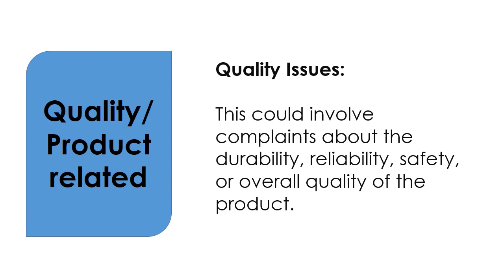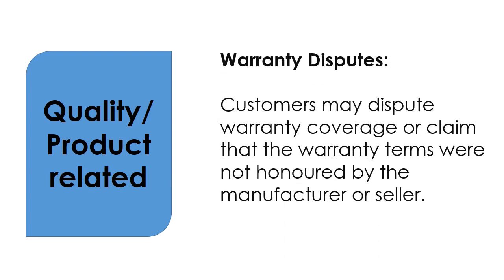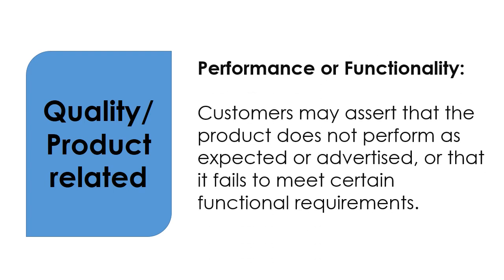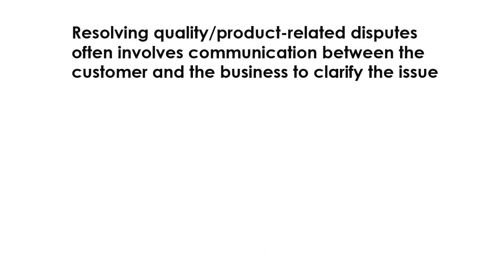Quality issues: this could involve complaints about the durability, reliability, safety, or overall quality of the product. Warranty disputes: the customer may dispute warranty coverage or claim that the warranty terms were not honored by the manufacturer or seller. Performance or functionality: the customer may assert that the product does not perform as expected or advertised, or that it fails to meet certain functional requirements.